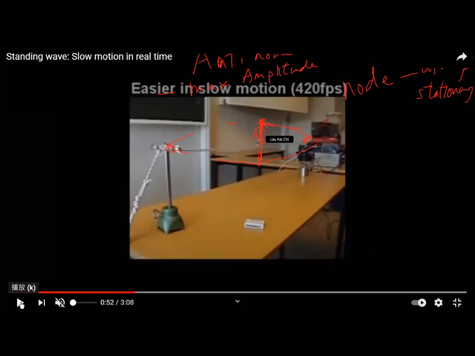Sir, are we talking about stationary waves? Yes. Okay, now this is the amplitude of this particle. But for other particles, its vibration is limited within this envelope, the outside envelope. This is the envelope of the stationary wave. So each particle may have a different amplitude. Understand?